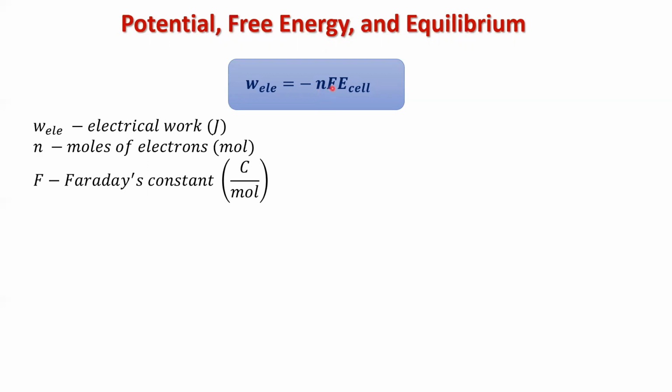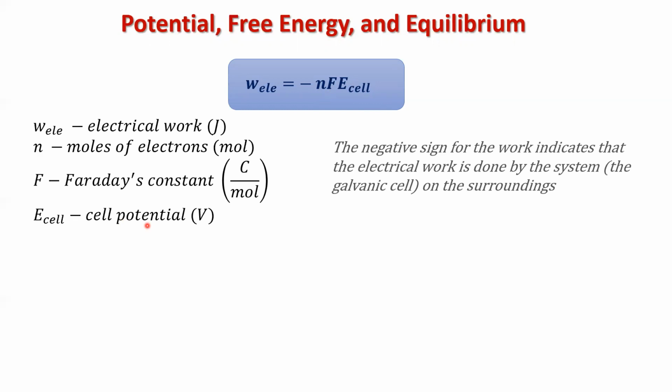F stands for Faraday's constant in terms of coulombs per mole of electrons. And our E cell is our cell potential. The negative sign here is there because the system, the galvanic cell, is doing work on the surroundings.